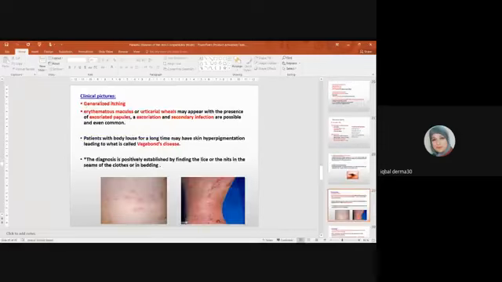The incidence is also a disease of poverty and poor hygiene, common in the world. What are the clinical features in a patient with pediculosis corporis? As we said in capitis, pruritus; here there is generalized itching.